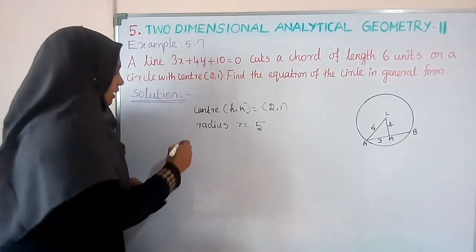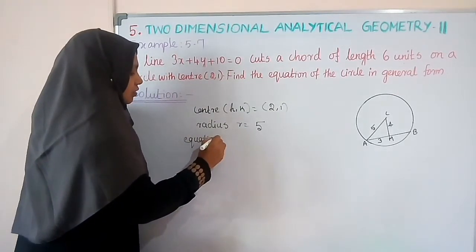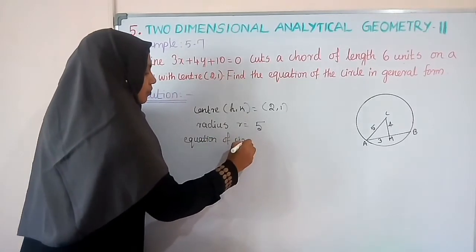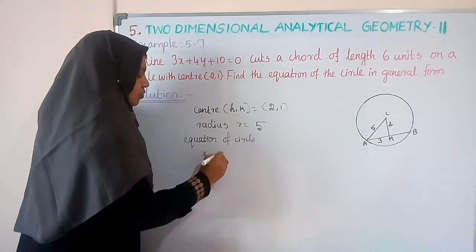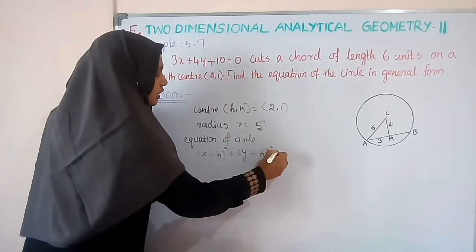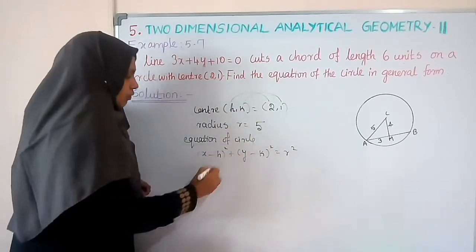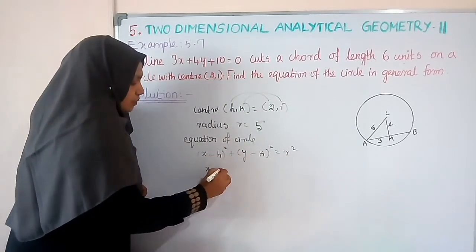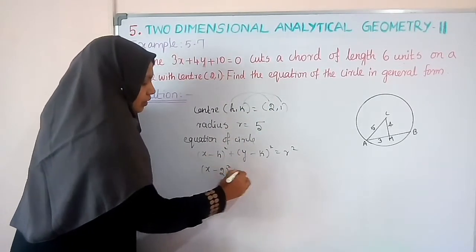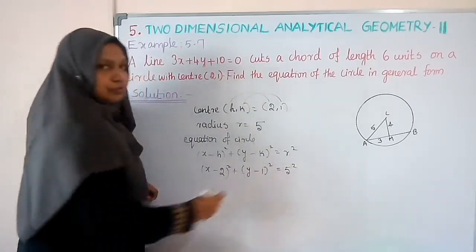So using the center and radius, the equation of the circle is x minus h the whole square plus y minus k the whole square is equal to r square. H value 2 and k value 1 we can substitute. Then x minus 2 the whole square plus y minus 1 the whole square is equal to 5 square.